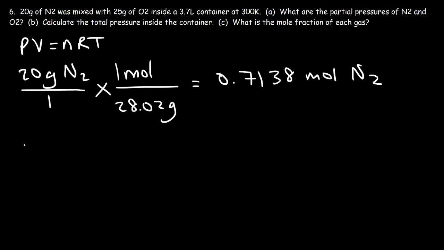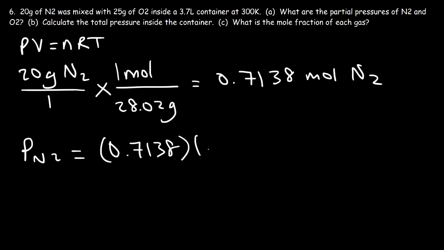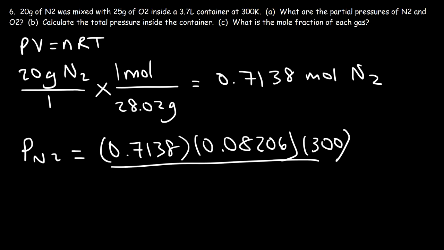So now I'm going to calculate the partial pressure of N2. So it's the moles of N2, which is 0.7138, times R, which is 0.08206, multiplied by the Kelvin temperature of 300, divided by the volume, which is 3.7 liters.